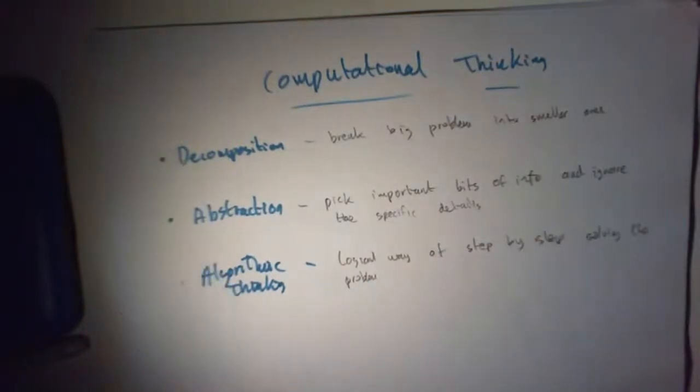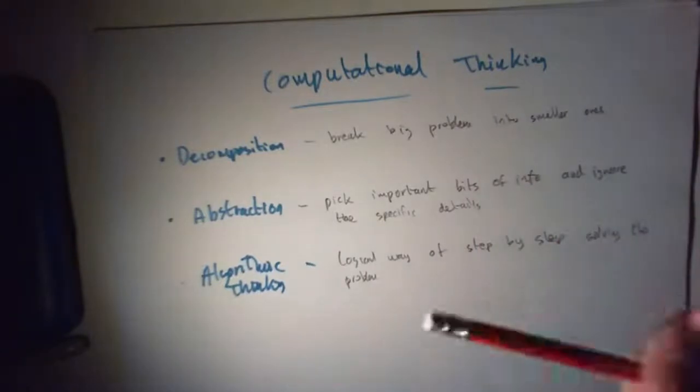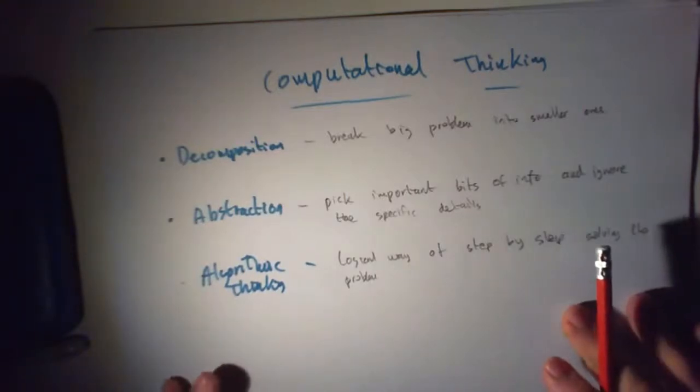And the beauty of an algorithm is that if you have a step-by-step way of solving a problem, you can then apply that method to another similar problem. And that allows you to do an awful lot of extra stuff.